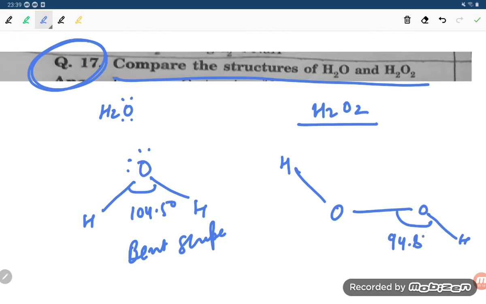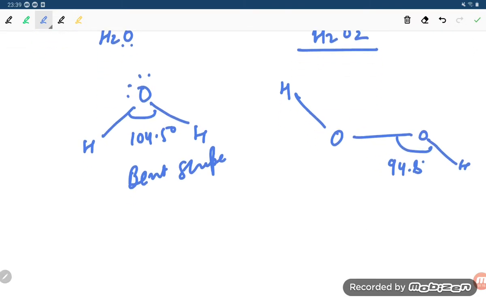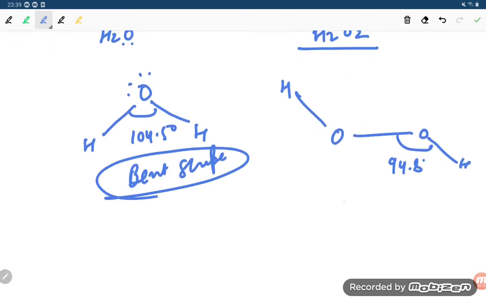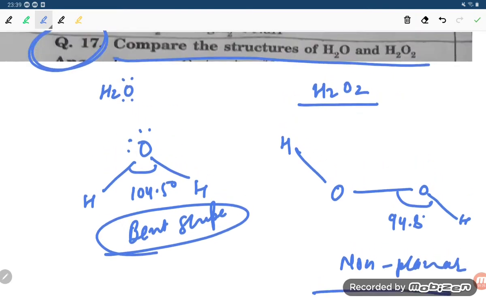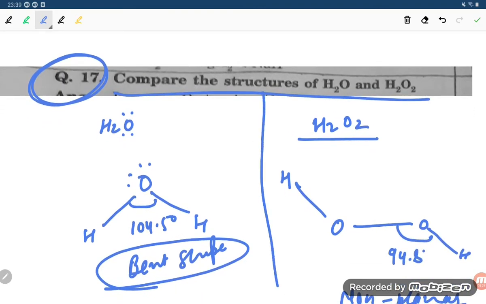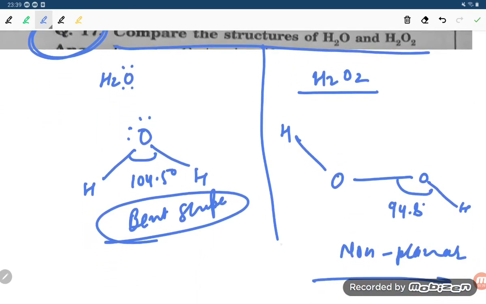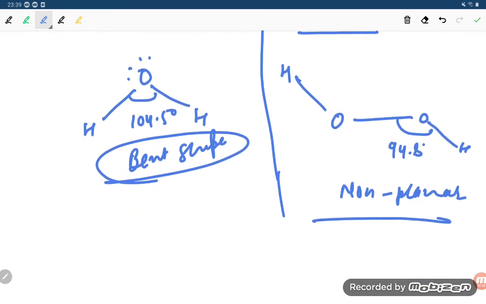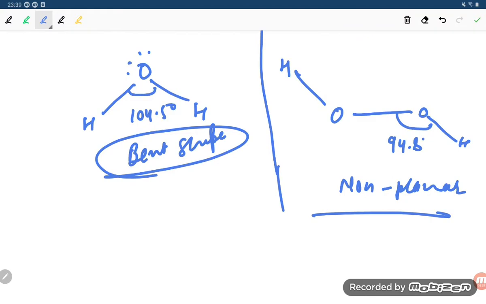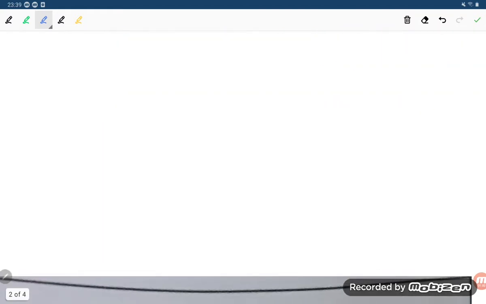So what we understand, student, is that this is the bent shape, and this is the non-planar structure. Non-planar structure. So this is the comparative structure of H2O2 and water. And the H2O2 structure, student, is also a little complex.